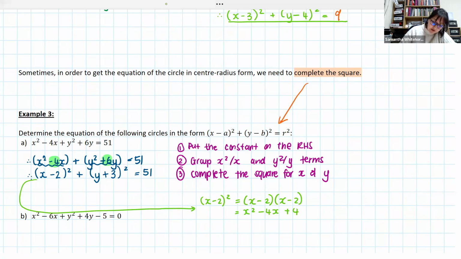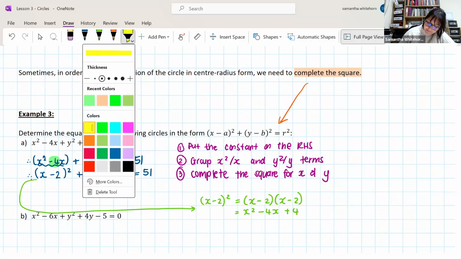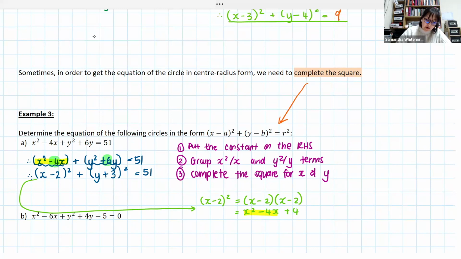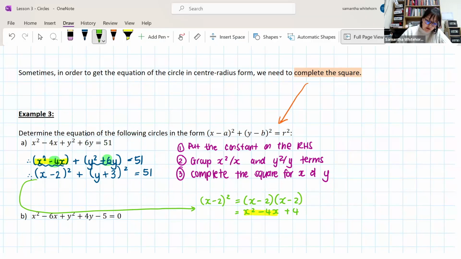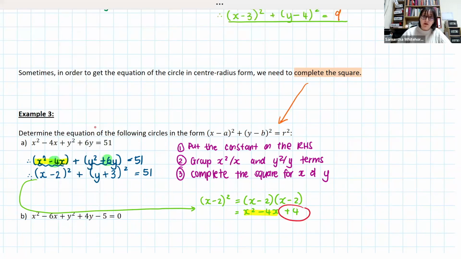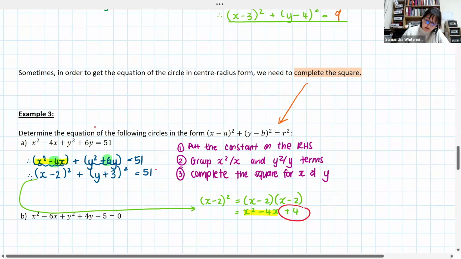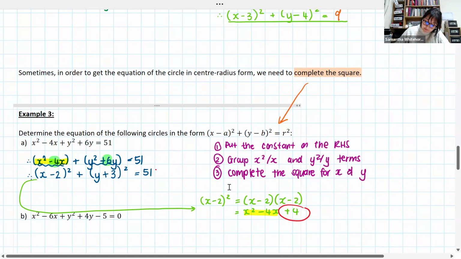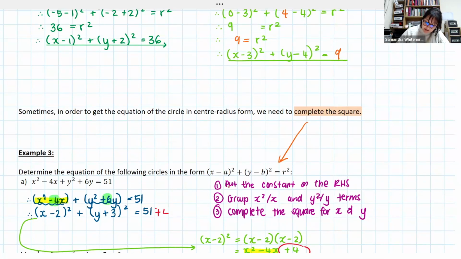Now, if you go back to what we started with, x squared minus 4x, there it is in the bracket. But now I all of a sudden have an extra plus 4. If I'm going to add 4 on the left-hand side, I have to add 4 on the right-hand side. So if I add 4 on the left, I must add 4 on the right.